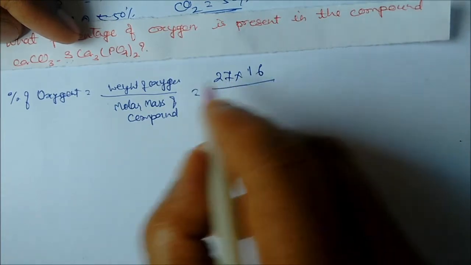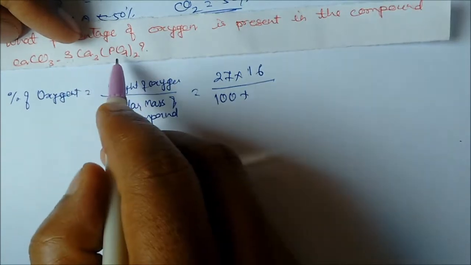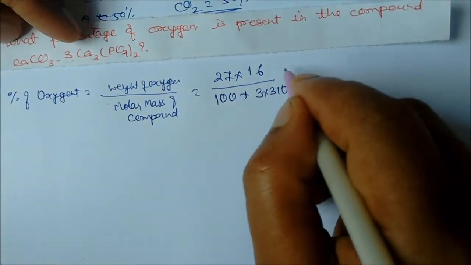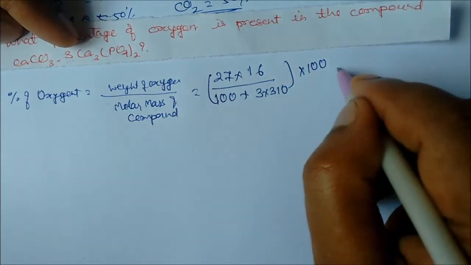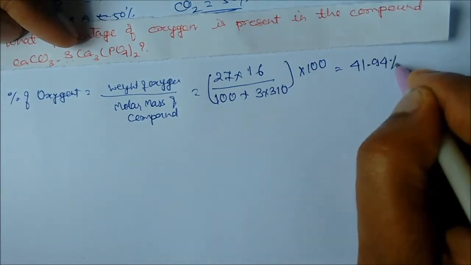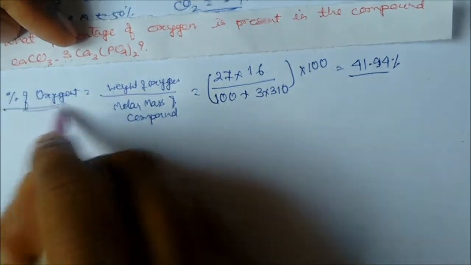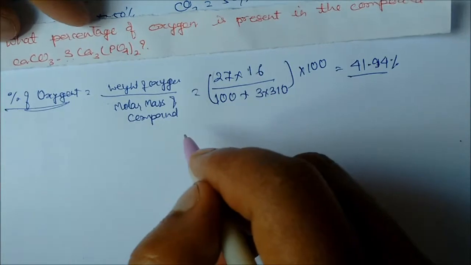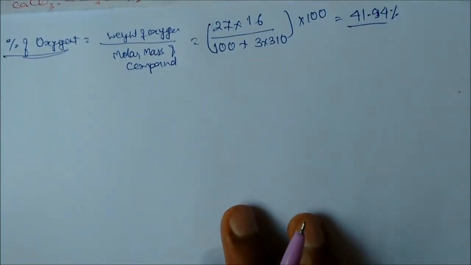Divide by the molar mass of the compound, which is calcium carbonate, 100, plus 3 into the calcium phosphate, 310. This is a weight percent, so multiply by 100. It will give you 41.94%. So the concept is percent of oxygen is the weight of oxygen divided by the total molar mass of the compound.